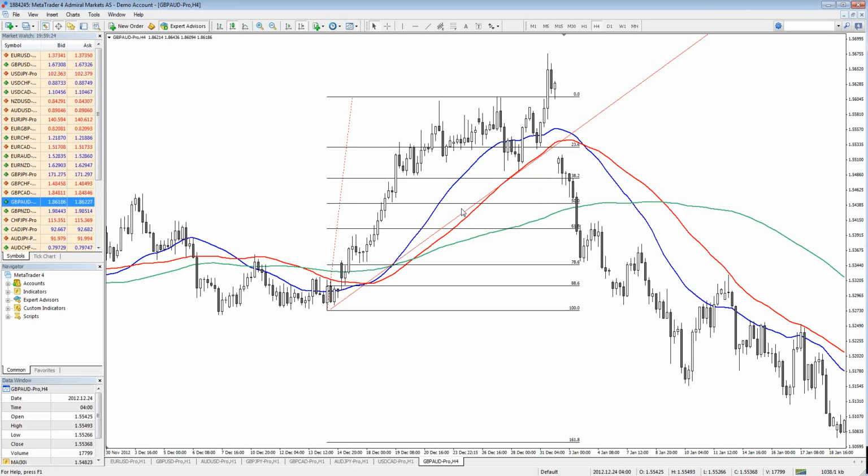So this is the confluence. Trend line, red SMA, and 38.2. Where would I place it logically? 5-10 pips below this level. So below 38.2, I would place my stop loss. That is aggressive placement. Then there is a dead stop or conservative placement below this level.